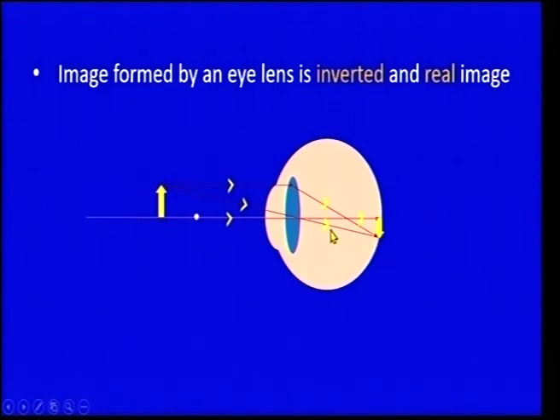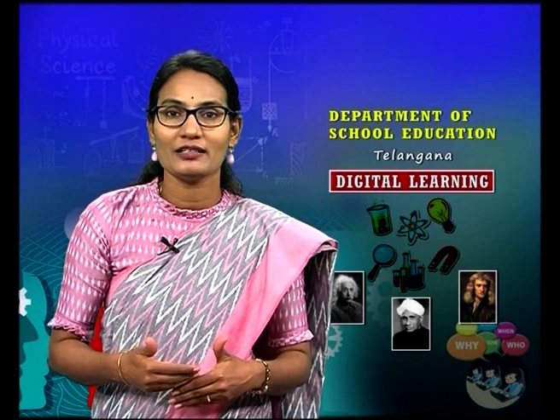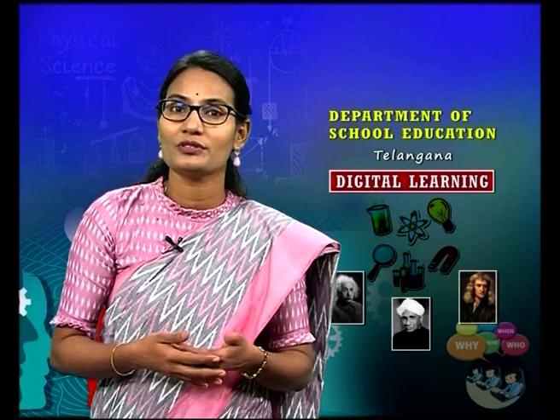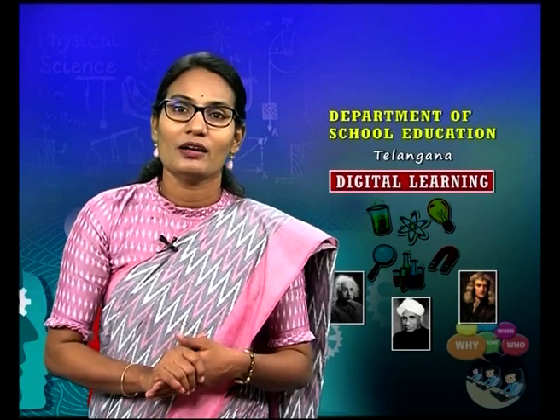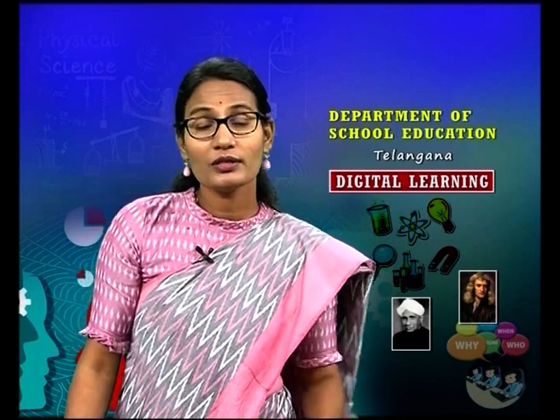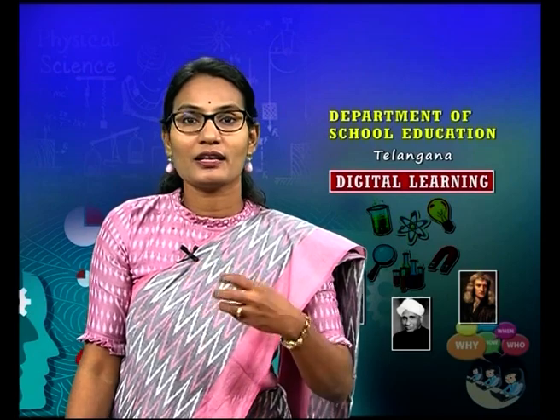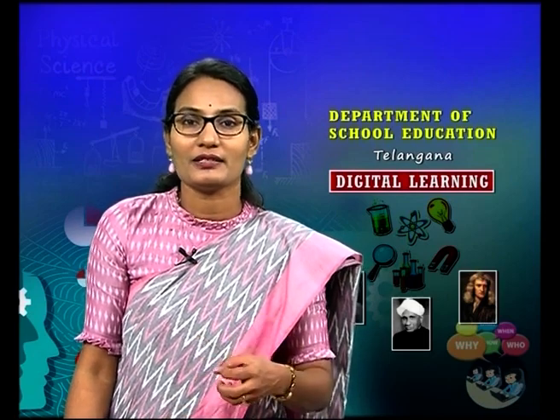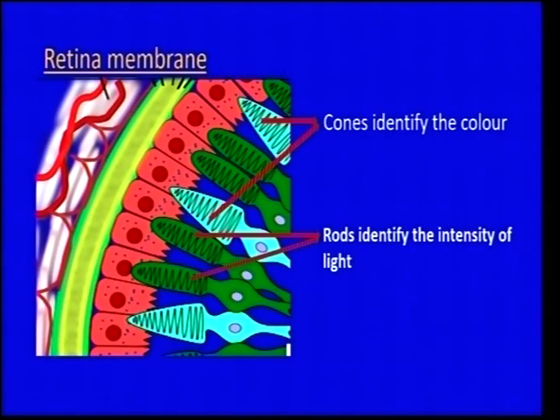But the question is, when an inverted image is formed on the retina, how are we able to see the objects erect, and how can the human eye recognize colors, shape and size? For this question, observe this diagram, children. The retina membrane consists of 125 million cones and rods.